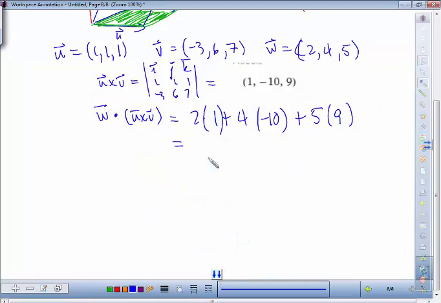And that is equal to whatever. What? 40? 5? Two and 1. What? 7?